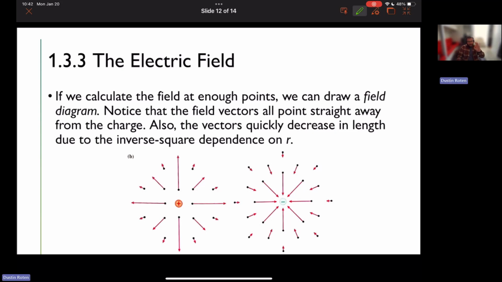So for a point charge, all the field vectors actually point straight away from the charge. Okay, and this is true for a point charge. You'll also notice that the vectors decrease in length due to the inverse square dependence on r.